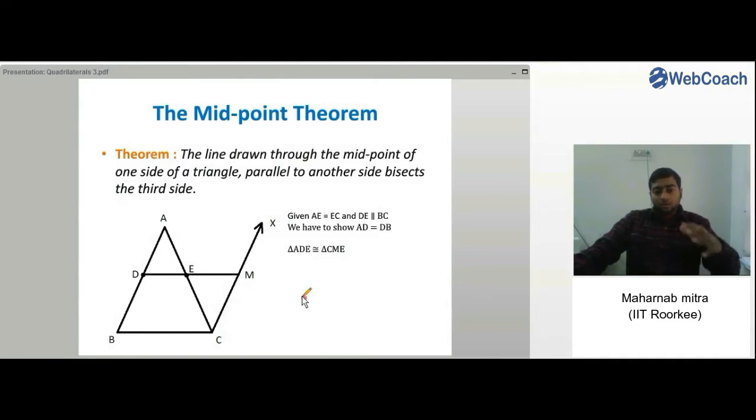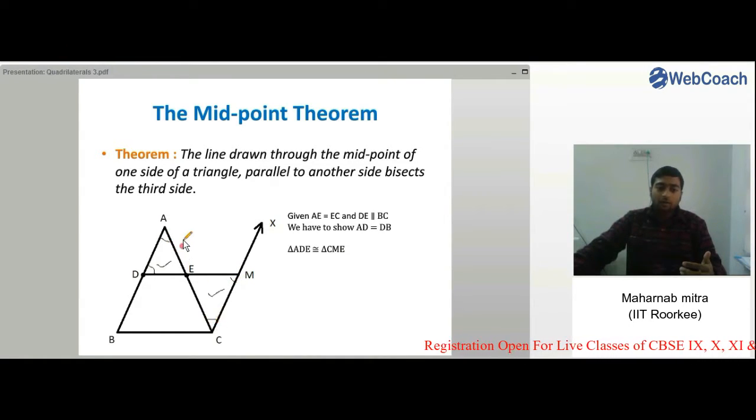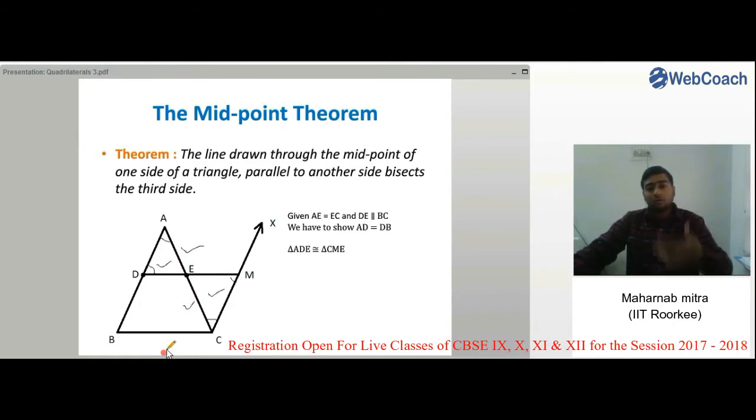And from the earlier observations, you can easily find out that triangle ADE is congruent to triangle CME once again, because AB is parallel to CX, right? So these two angles will be equal, right? And obviously AE equals EC. So you have got two angles and one side.